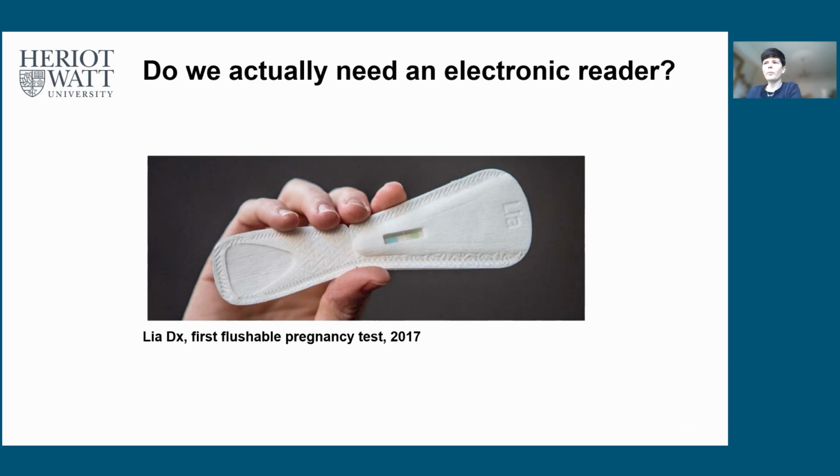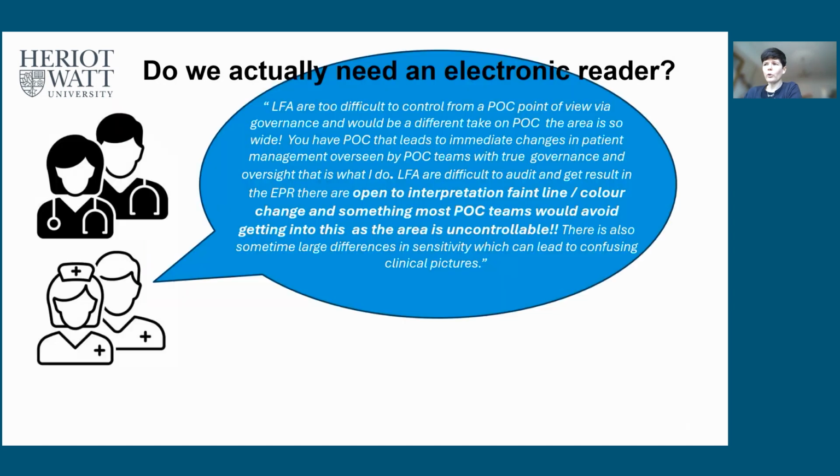Could we not have something ultra simple like this flushable pregnancy test invented in the US? This was actually invented for privacy reasons, but it turned out to be made completely out of cellulose and fantastic for environmental impact. But it's not so simple.